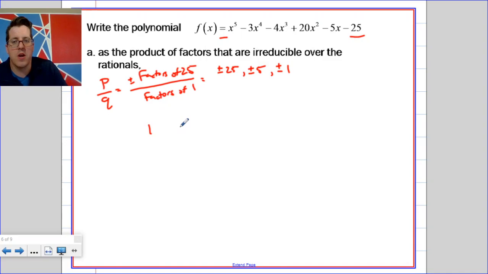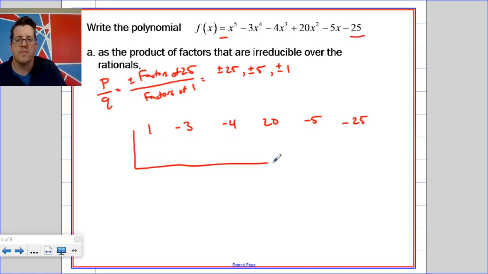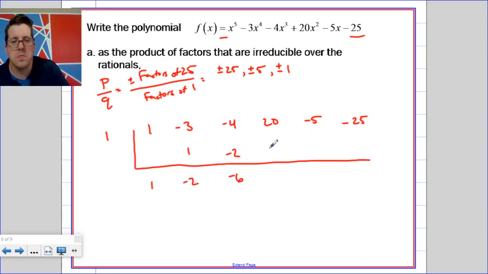So I'm going to write out my coefficients, and I'm just going to try 1. And this part's pretty quick, if you do it right. Okay, that didn't work. 1 does not work, so we're going to cross off positive 1.